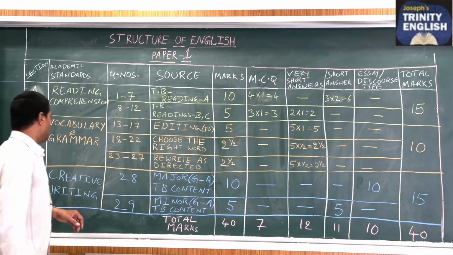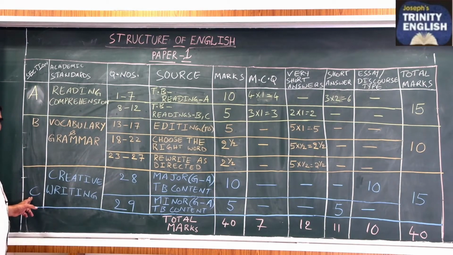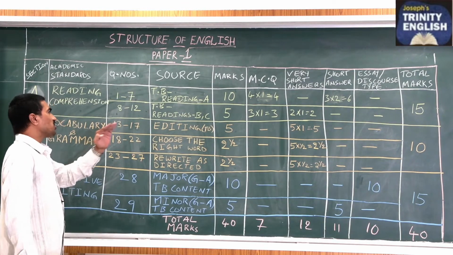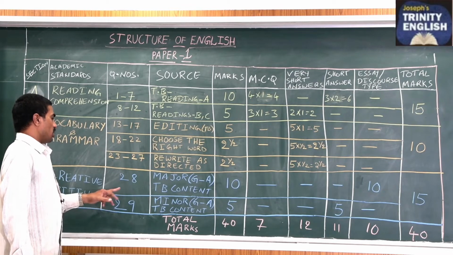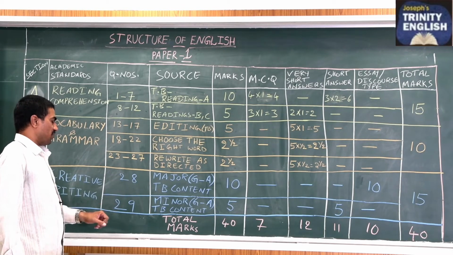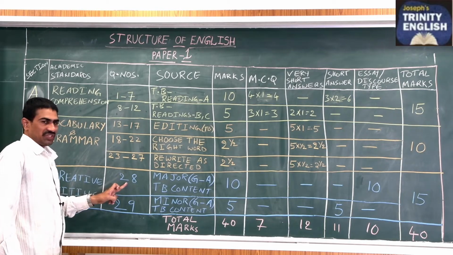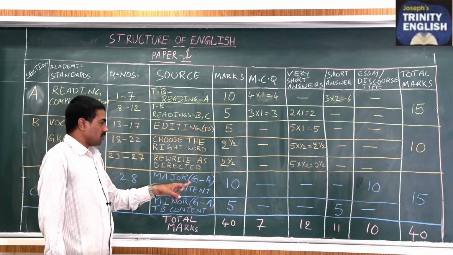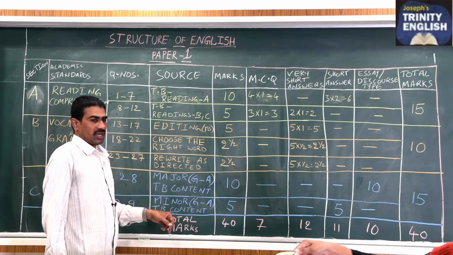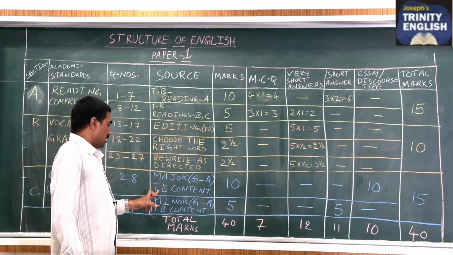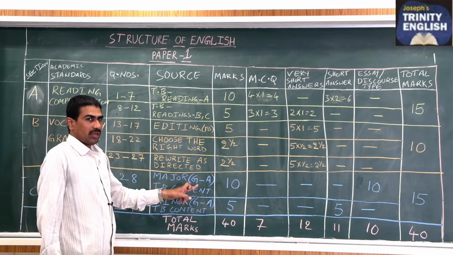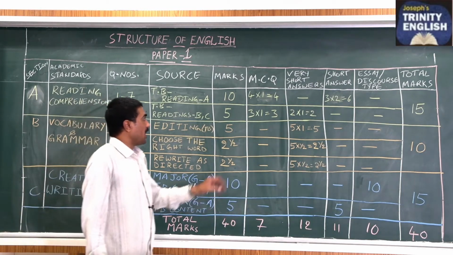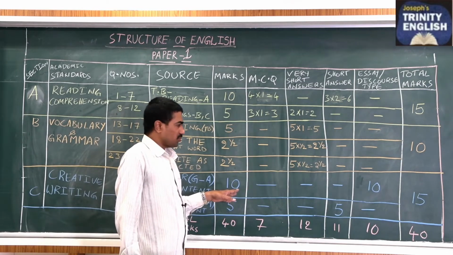And if you come here, it is section C, and we call it creative writing. And this creative writing has again 2 subdivisions. One is question number 28. It is major discourses, and this is called group A, and this everything depends upon textbook content, and it carries 10 marks.